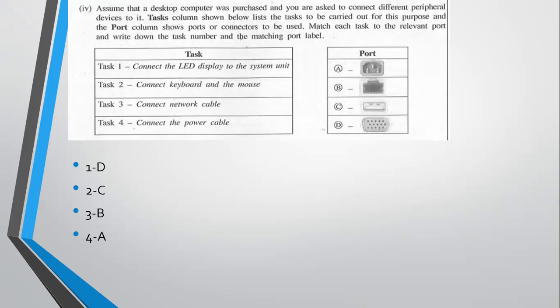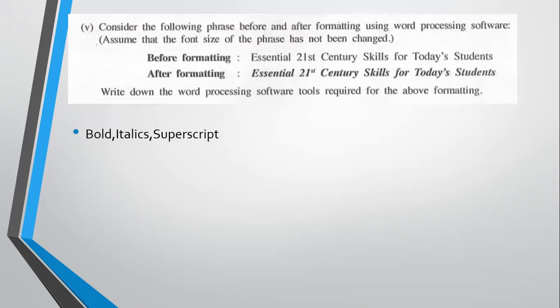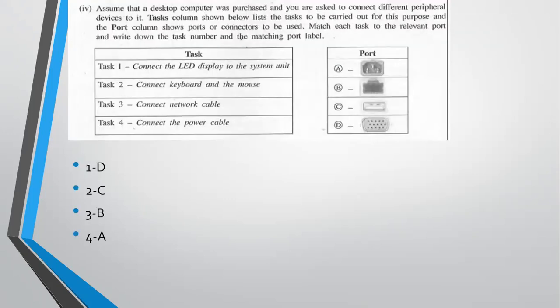Here, the LED display. So D is the port. The monitor, the LED display, is connected using D. Next, connect the keyboard and the mouse.